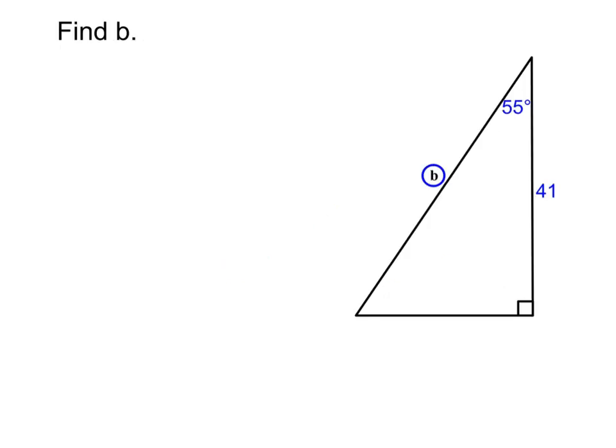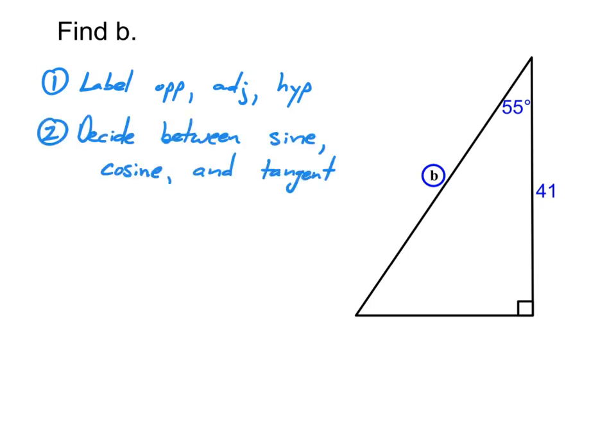Let's go ahead and go on to one more of these. Here, I've pre-labeled it for you. And so from this point, I want to see if you can solve it just from being given this drawing. So first, you will need to start by labeling your opposite, adjacent, and hypotenuse. Then use that information to decide whether you'll use sine, cosine, or tangent to be able to solve it.